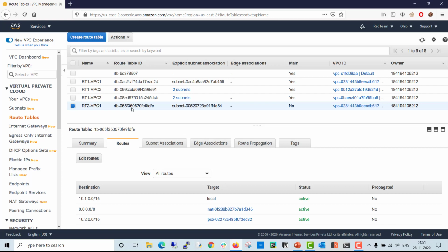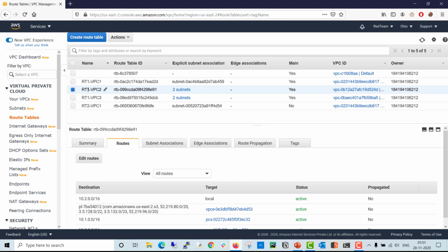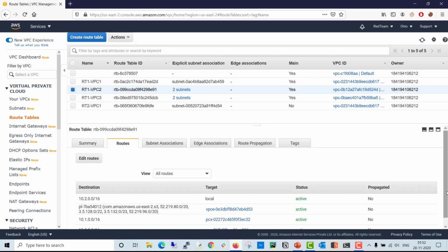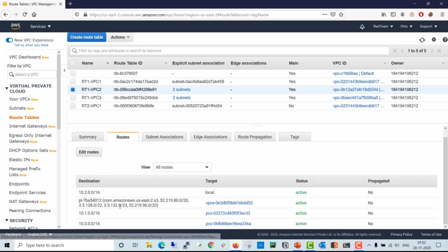Let's discuss the routing table within VPC2. You can see here in VPC2 there is one routing table, and both subnets are attached to the same routing table. What about the routes? The first is the default local. The second one is called a VPC endpoint.